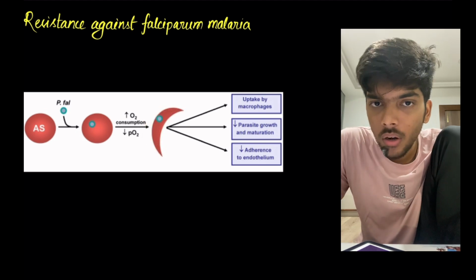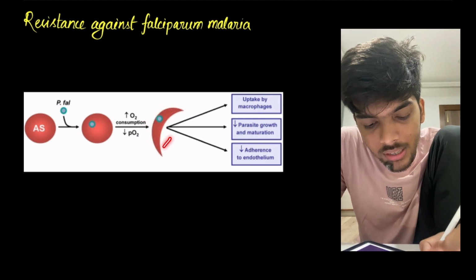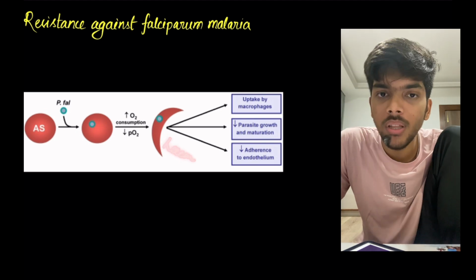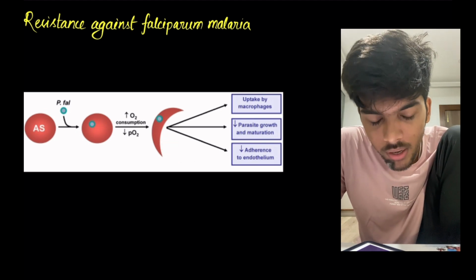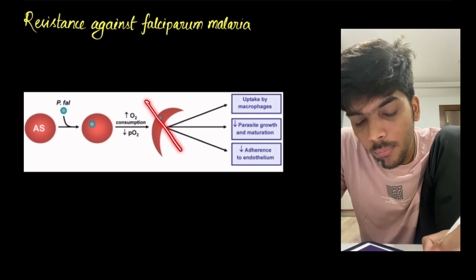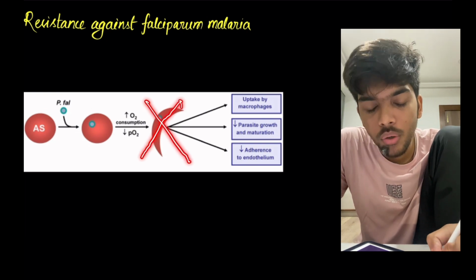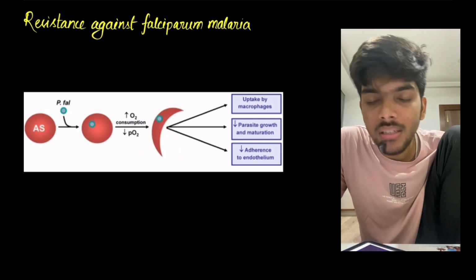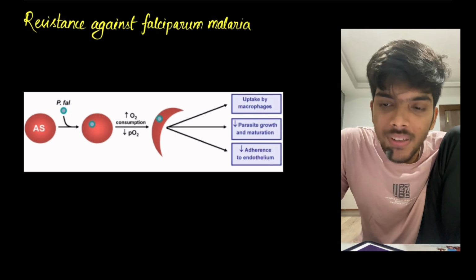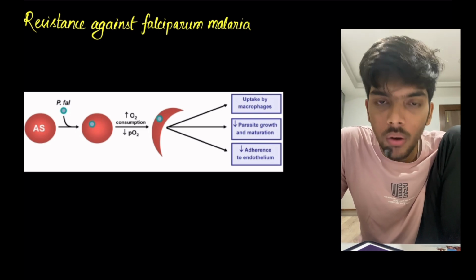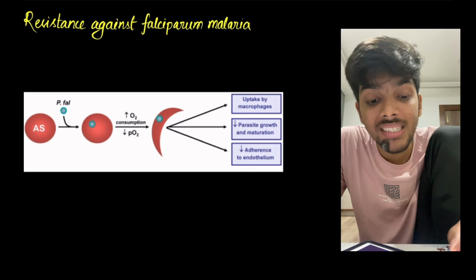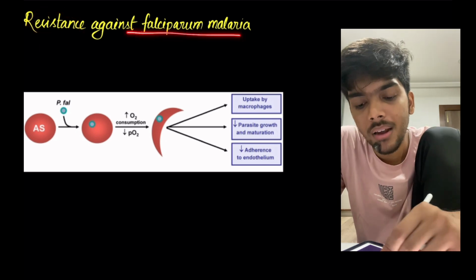And this sickle cell is not recognized by the body, so it gets hemolyzed in the reticuloendothelial system or by the macrophage of your spleen. And along with the red blood cell, the parasite also gets destroyed. This is how the presence of sickle cell anemia red blood cells provides resistance against falciparum malaria.